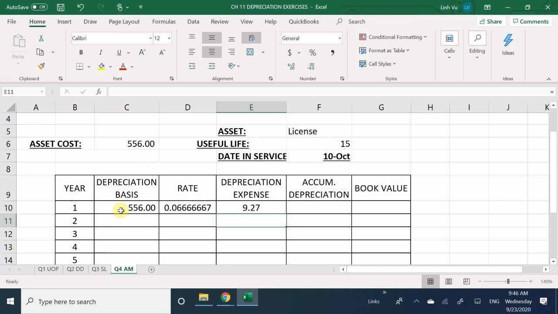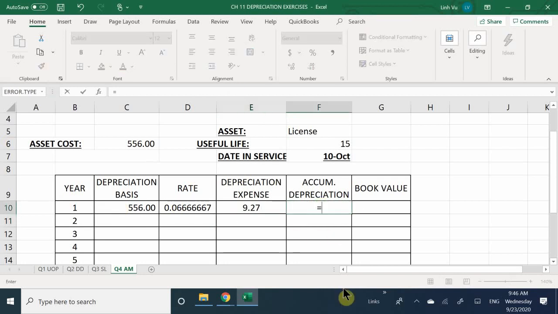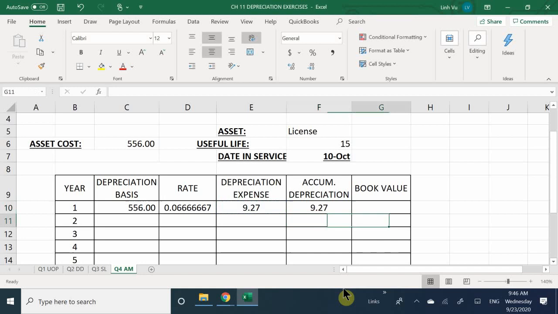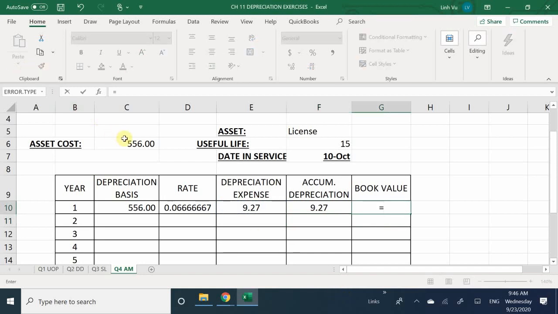Good. And my accumulated depreciation is going to be 927. And what is going to be my book value now? 546.73.